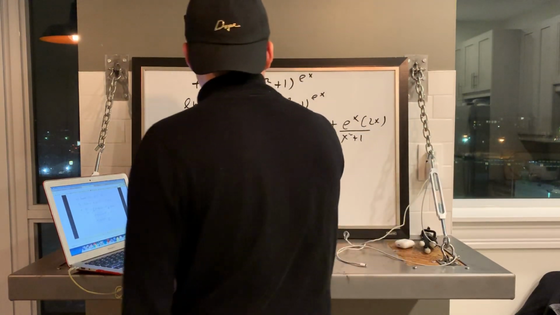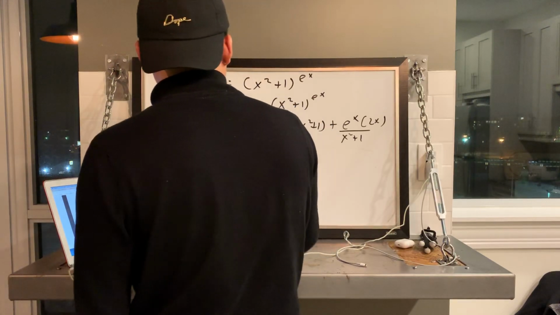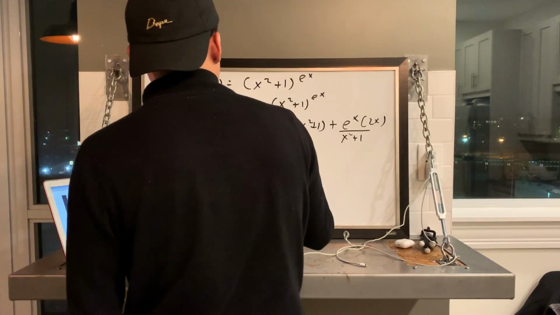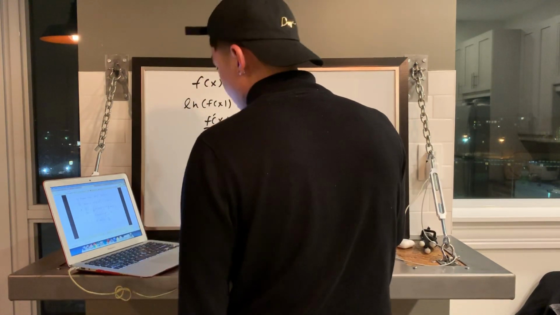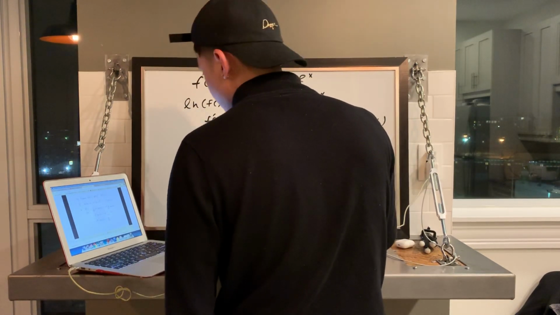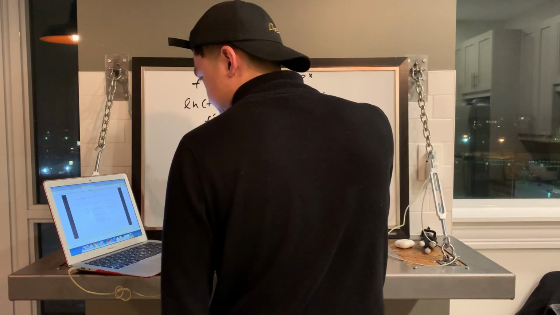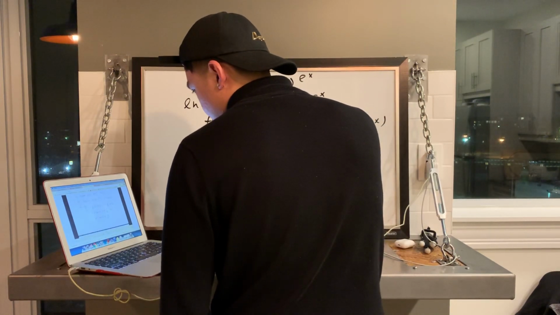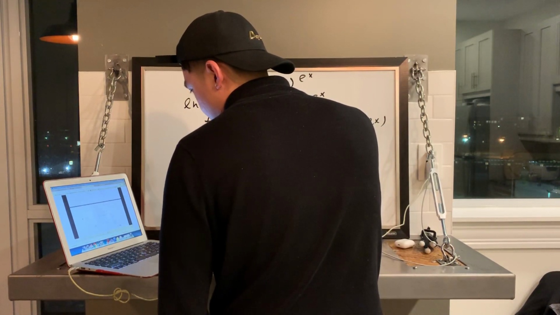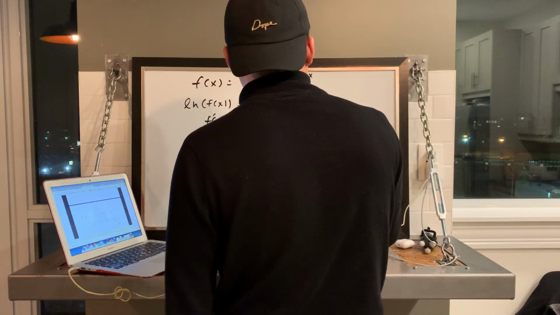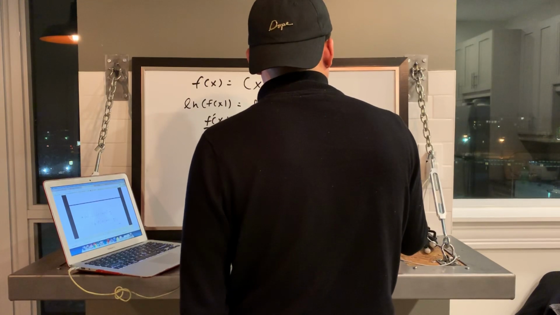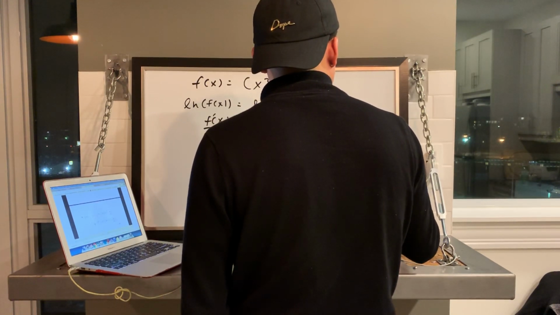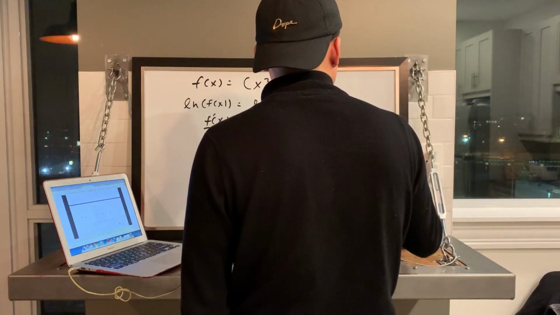So then f prime of x equals f of x, all multiplied by e to the x, we factor out the e to the x out of all this, so ln of x squared plus 1 plus 2x over x squared plus 1.